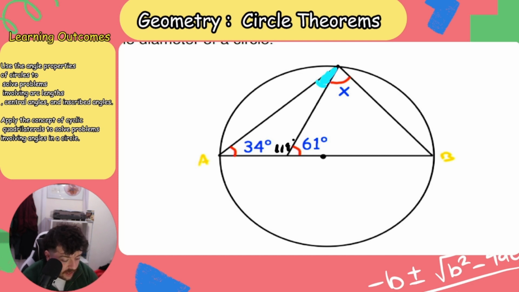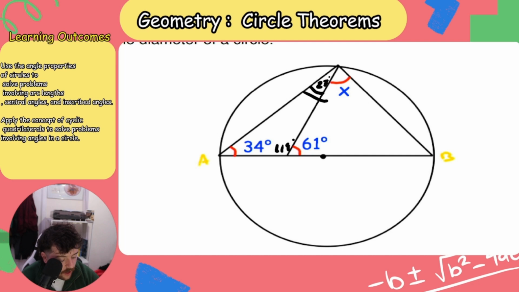So if you can't see it, here's a triangle. So that's 34, that's 119. Therefore, this angle must be equal to a number. I don't know what it is, I'll tell you now in like 10 seconds. 27. This is going to be equal to 27.